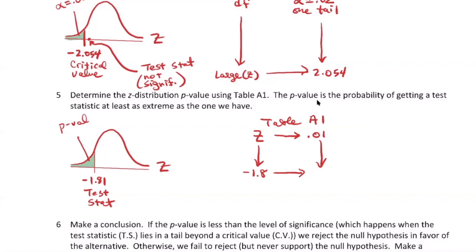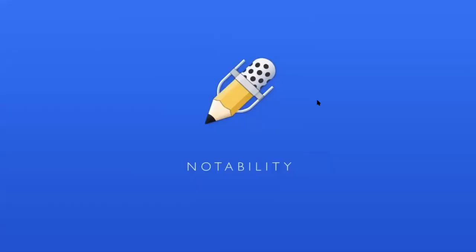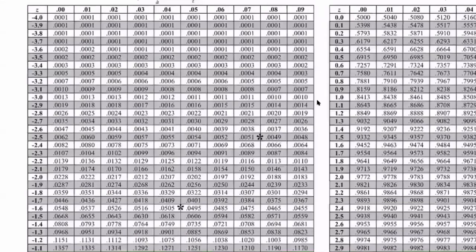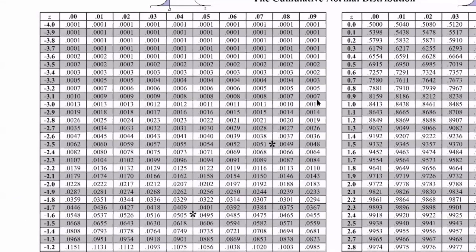Okay, let's just look that up real quick. Doesn't look like I've opened that today, so let me grab it. So we say negative 2.51, no, negative 1.81, right?